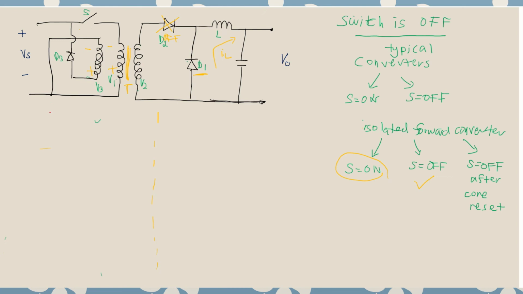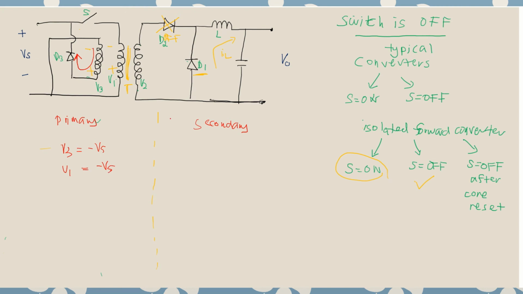Let's draw for primary, what happened in primary, and this is secondary. In primary, because now our diode is turned on, there's a presence of ID3. Here the V3 will become negative Vs and V1 will become negative Vs.